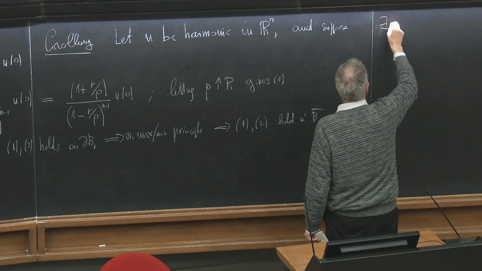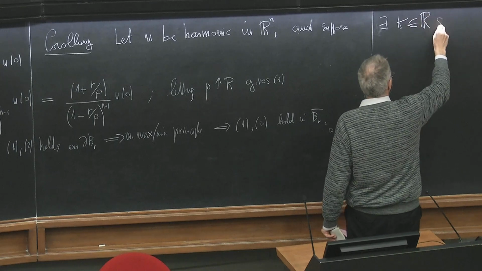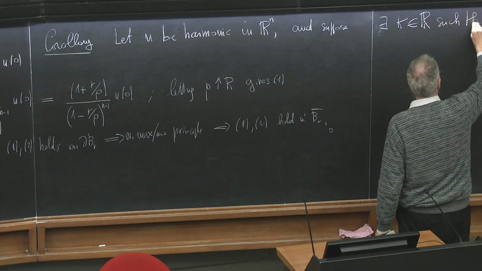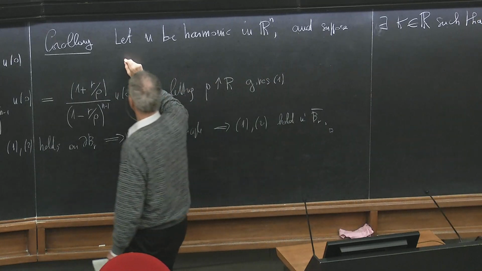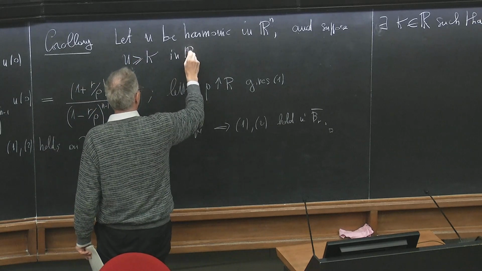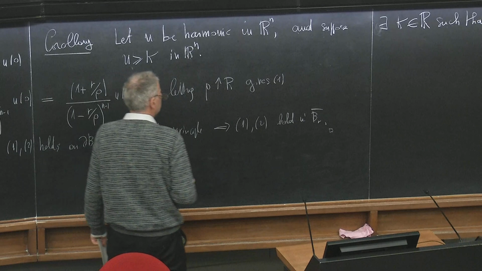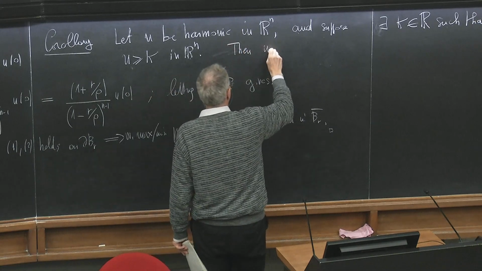Suppose that there exists a constant k such that u is larger or equal than k in R^n. Then u is constant.